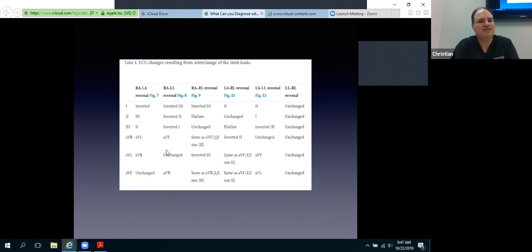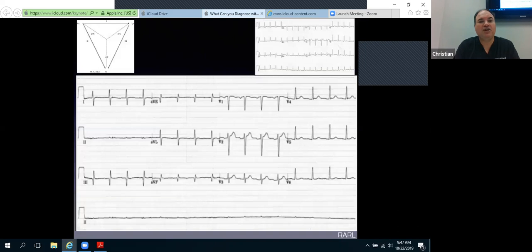Right arm, left leg, this is the pattern, so on and so forth. When you're going through emergency training, generally this is a part of your education, how to interpret the misapplied EKG. It's crazy that that's how it's done, that we have to learn these patterns. It's ridiculous. But you can throw the flag on bogus EKGs right away.